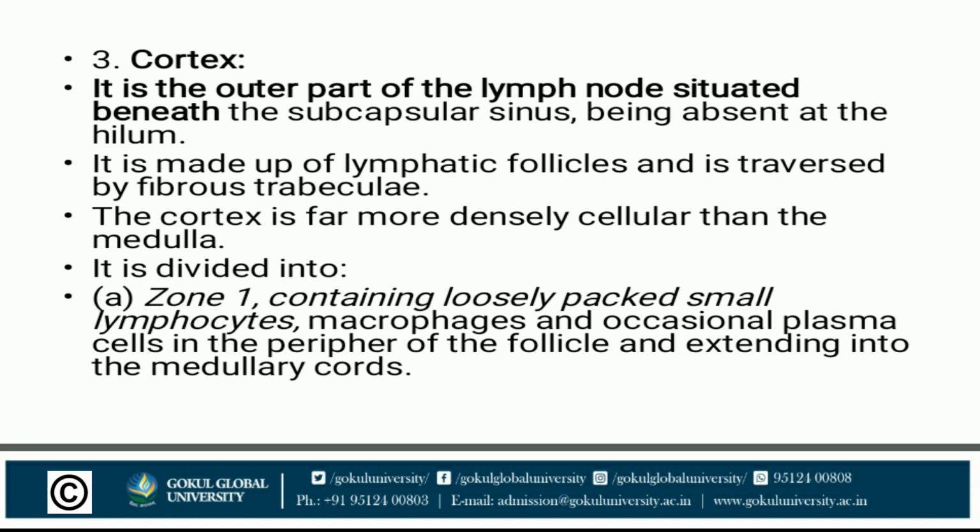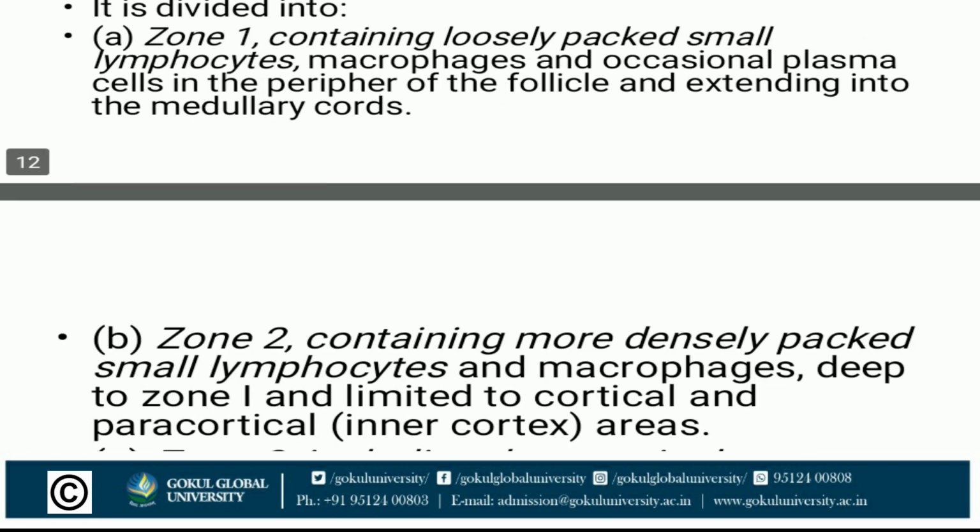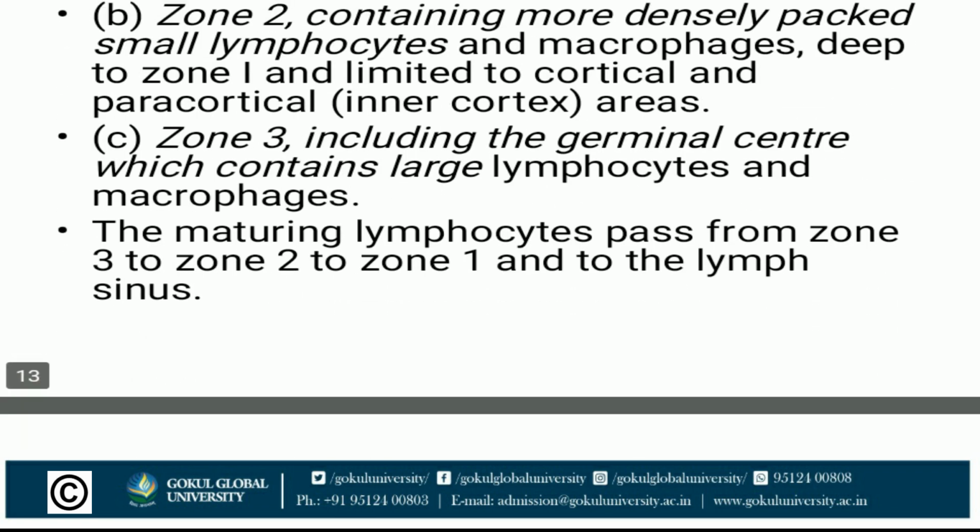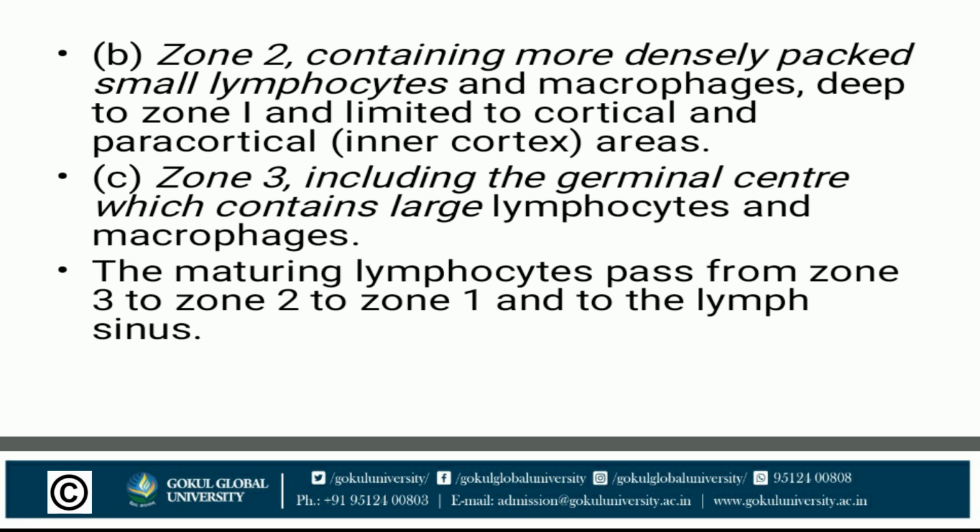It is divided into zones 1, 2, 3. Zone 1 contains loosely packed small lymphocytes, macrophages, and occasional plasma cells in the periphery of the follicle, extending into the medullary cords. Zone 2 contains more densely packed small lymphocytes and macrophages deep to zone 1, limited to the cortical and paracortical areas.